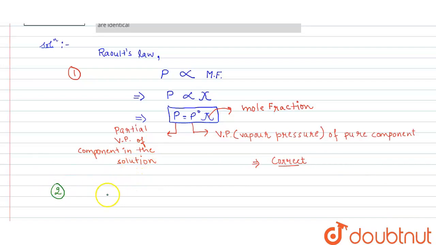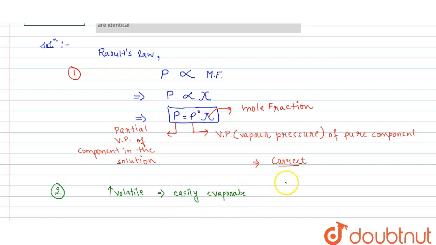As the volatile nature of the compound increases, it will form more vapors. It implies that it becomes quite easy for the component to evaporate.